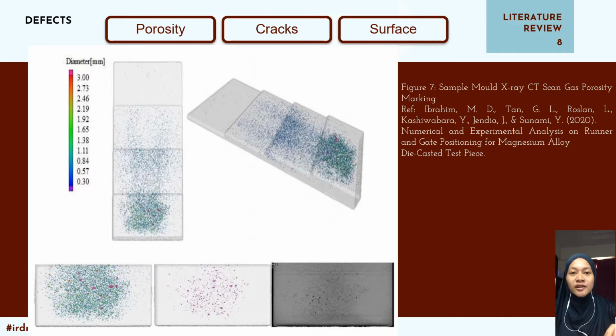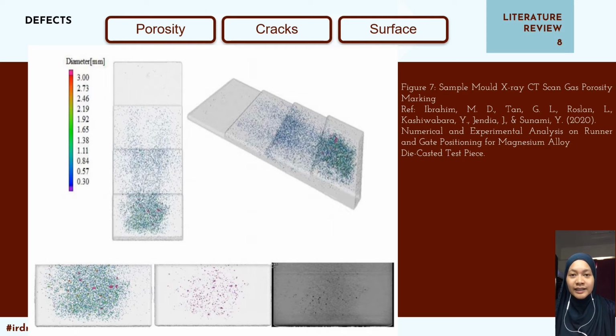The figure shows the before-filtered and after-filtered X-ray CT scan results. From the study, it was found that the defect volume at the thickness of 16 mm was 47.73 mm3, which covered 80% of the total defect present in the cavity.